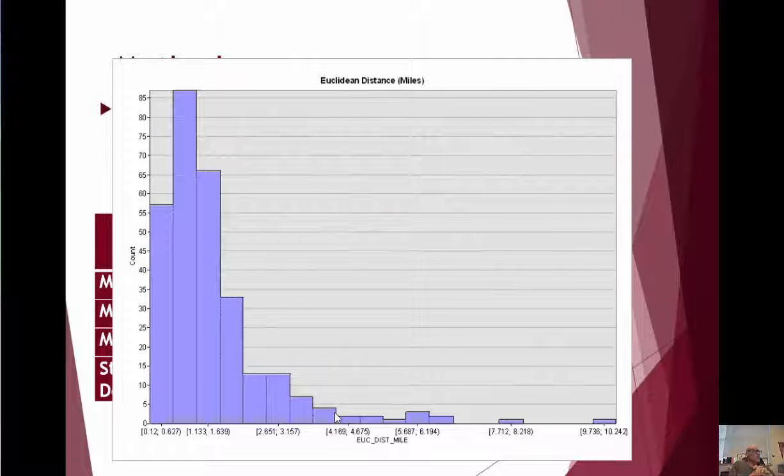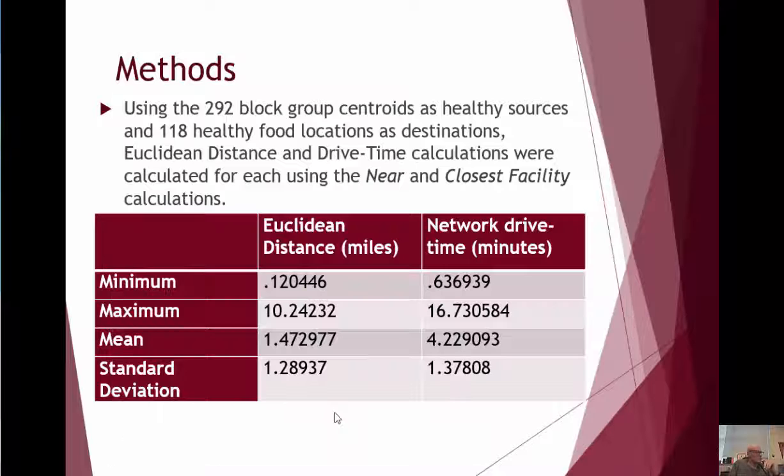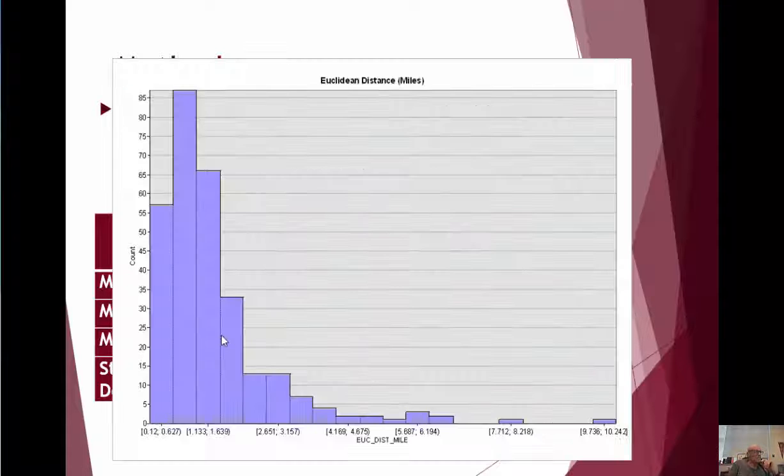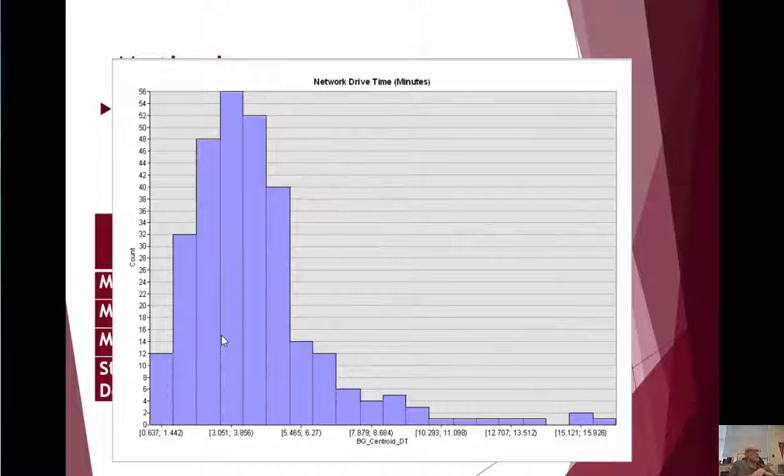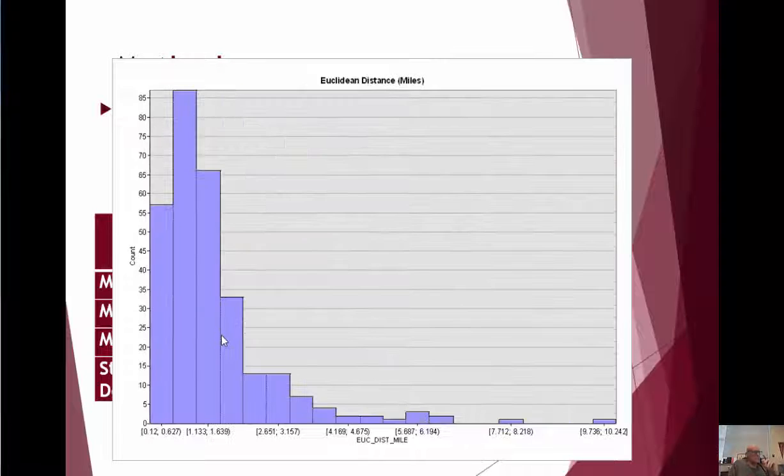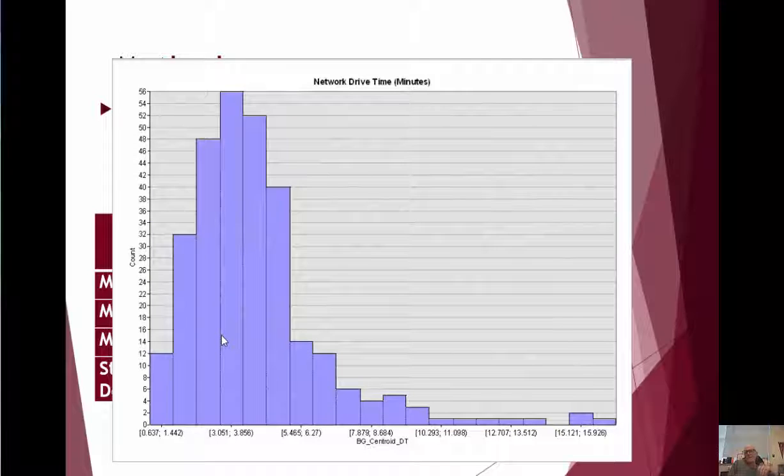Now we have something here called a histogram. So you can see the Euclidean distance in miles. And that's just kind of representative of this first column. And then we can see the histogram for drive time. Each of these you can see, they represent what we call a normal distribution, which I think is really interesting.